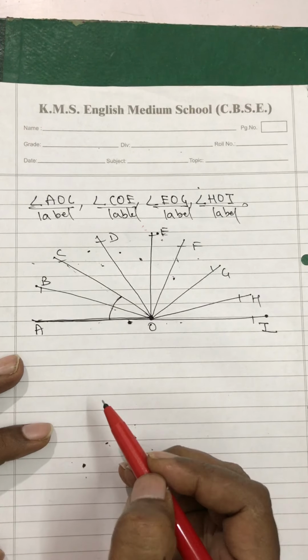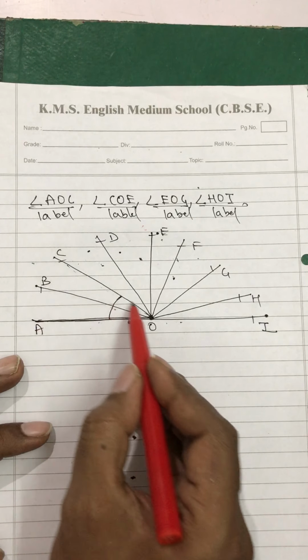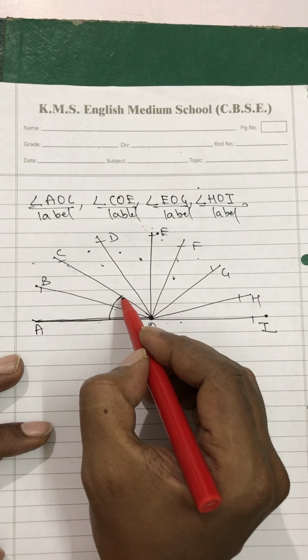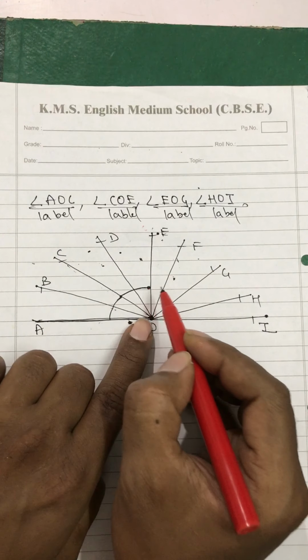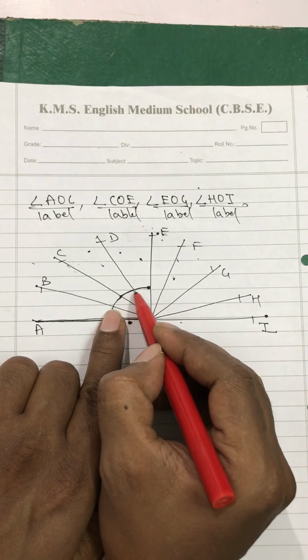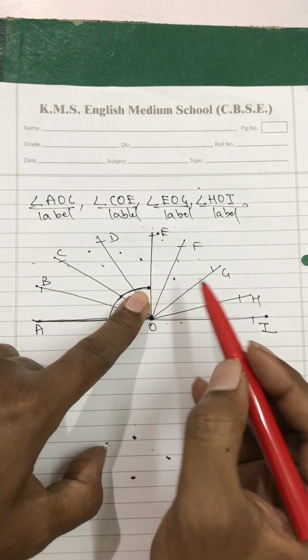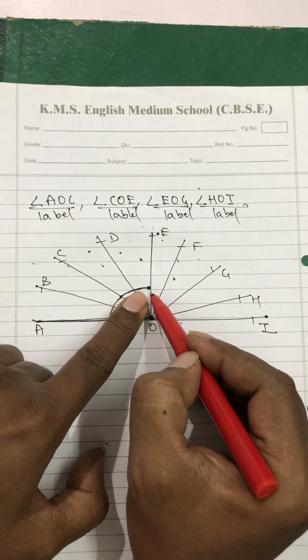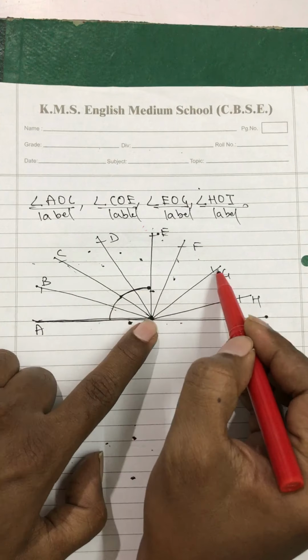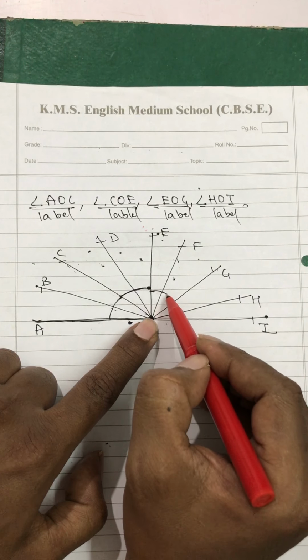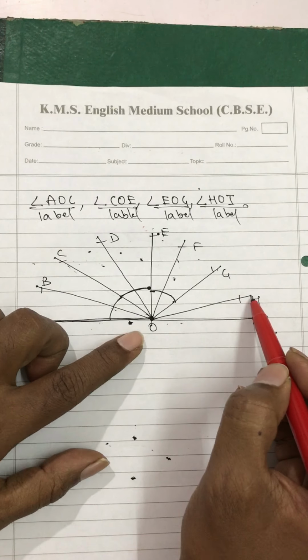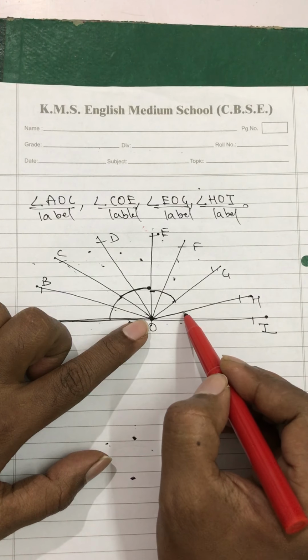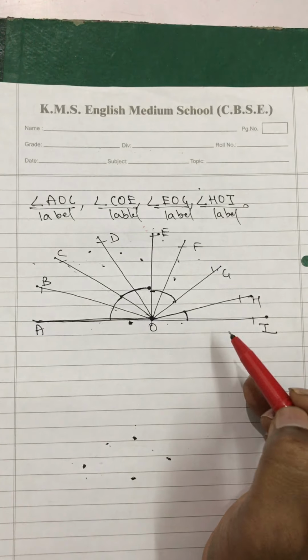Angle COE: CO, and from OE, this arm, so it has to come like this. Angle EOG: EO is definitely continuing from here, OG up to here. And then angle HOI: H is over here, HO is here, OI is here.